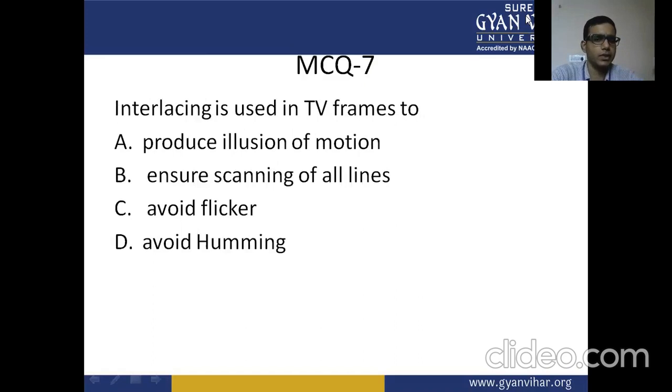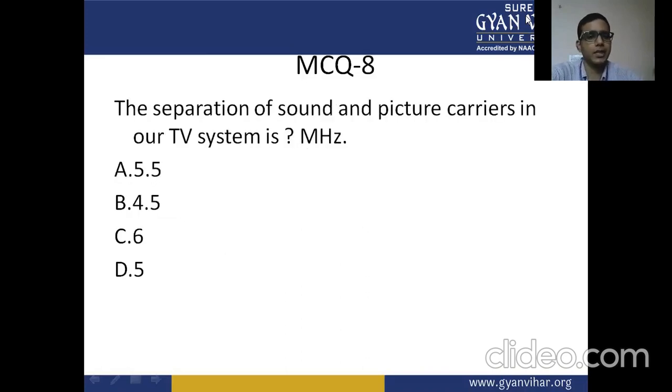Next, seventh question. Interlacing is used in the TV frames to A reduce the illusion of motion, B ensure the scanning of all lines, C avoid the flicker, D avoid the humming. Question number 8: the separation of the sound and the picture carriers in our TV system is, in megahertz, A 5.5, B 4.5, C 6, and D 5.